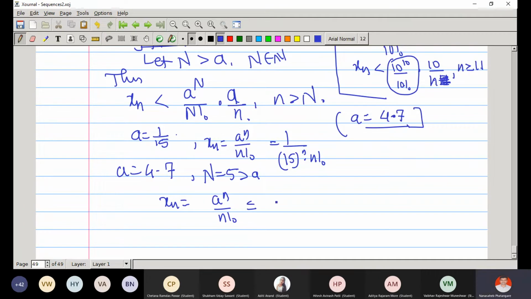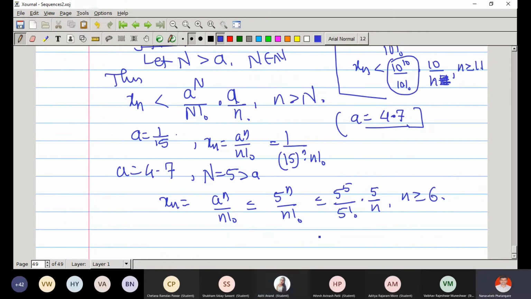This is less than or equal to 5 to the power n upon n factorial, because 5 is greater than a and a is 4.7. And this is less than or equal to 5 to the power 5 upon 5 factorial into 5 upon n, for n greater than or equal to 6.